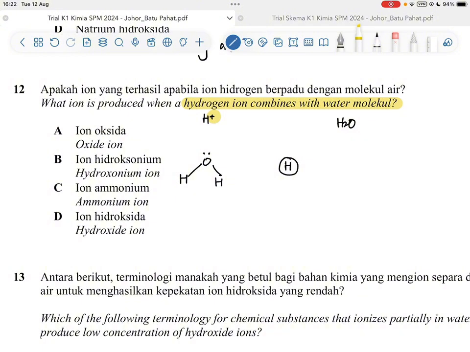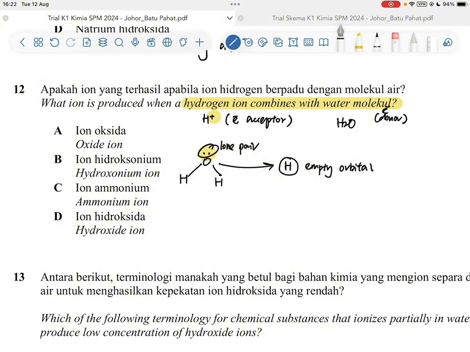So when there is a lone pair of electrons, it means that this lone pair can be donated to the hydrogen ion. Why? Because this hydrogen ion has the empty orbital, which can accept a lone pair of electrons from the donor. So in this case, the water molecule is an electron donor, and the hydrogen ion is an electron acceptor.